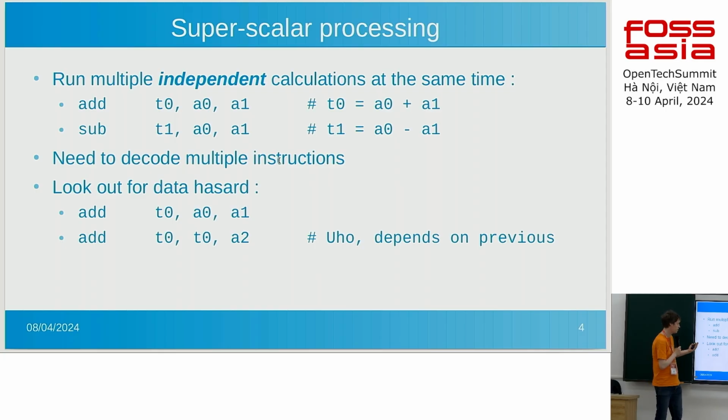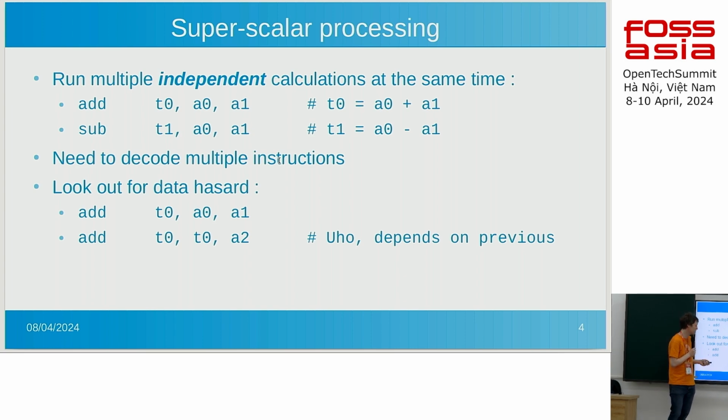For instance, let's say that I want to calculate the sum and the difference of two values at the same time, A0 and A1. I will have those two instructions to run on the processor. They're independent instructions, so if the processor is able to run them in parallel, I save a lot of time without increasing the clock frequency. Of course, you need to increase the processor size.